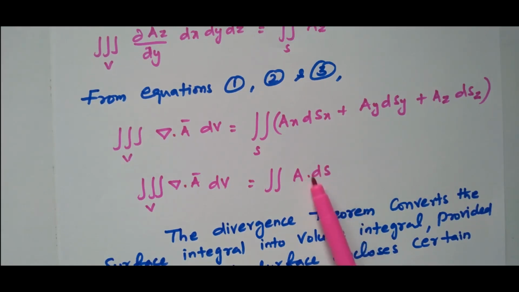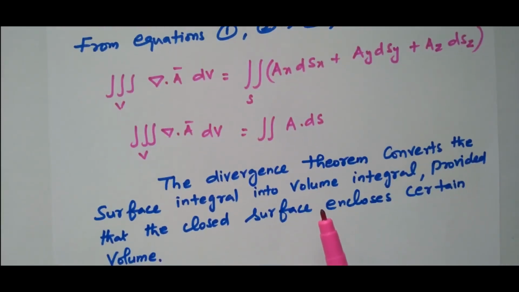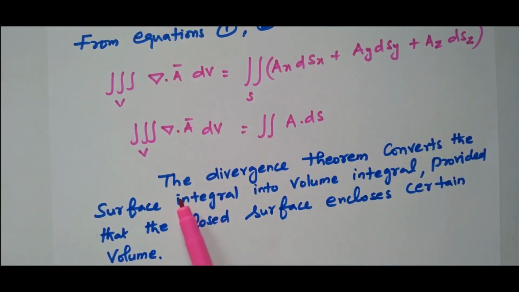So that can be written as A dS, right? So triple integral, volume integral del dot A dv is nothing but double integral A dot dS. So that is the statement given by the divergence theorem. That is, the divergence theorem converts the volume integral into a surface integral, provided that the closed surface encloses a certain volume, right?